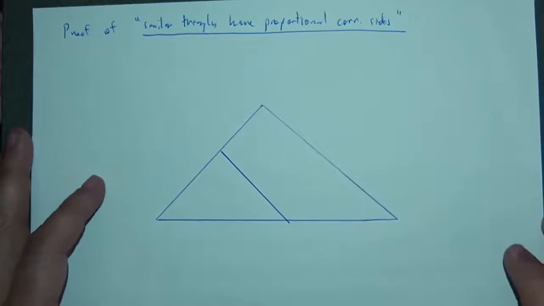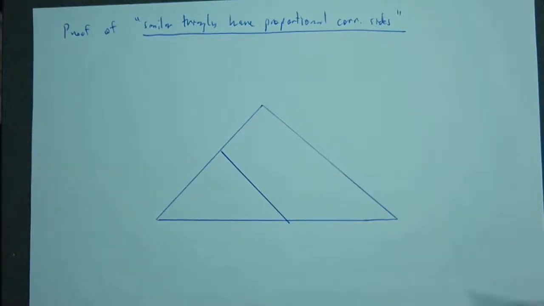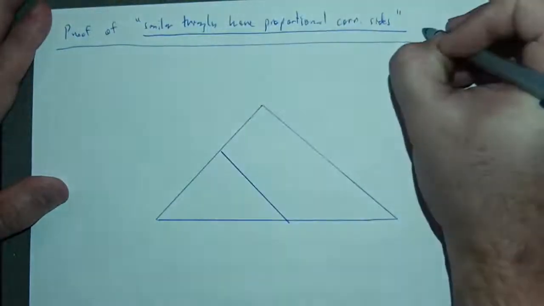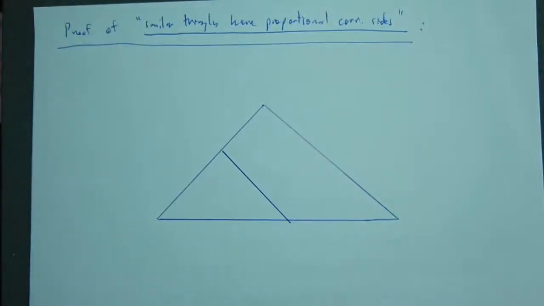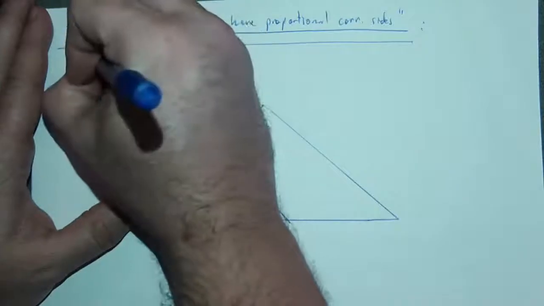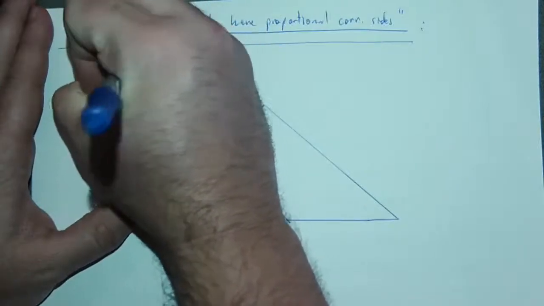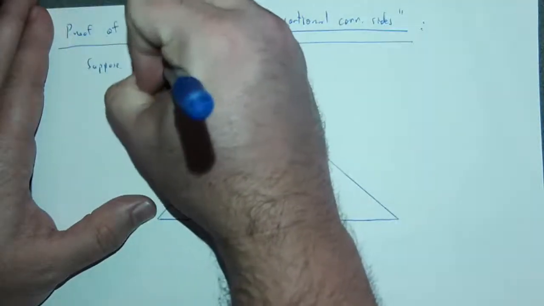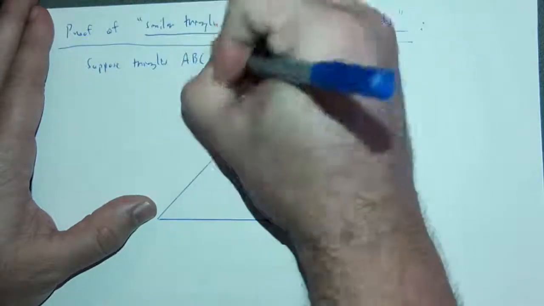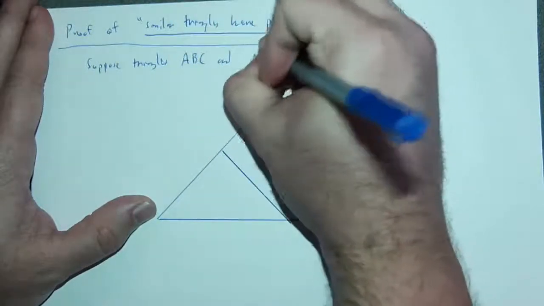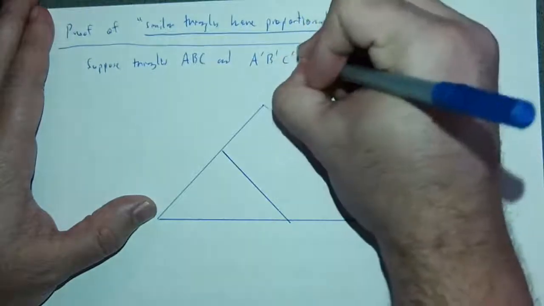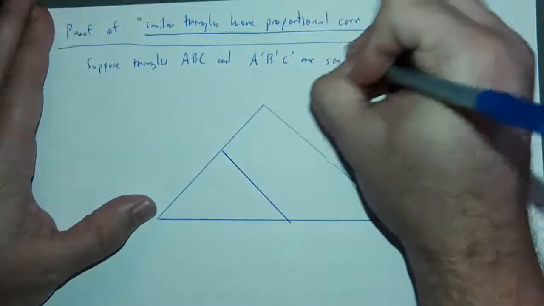So, how does this go? The idea, first of all, is say that I have two triangles, ABC and A prime, B prime, C prime. Suppose triangles ABC and A prime, B prime, C prime are similar.